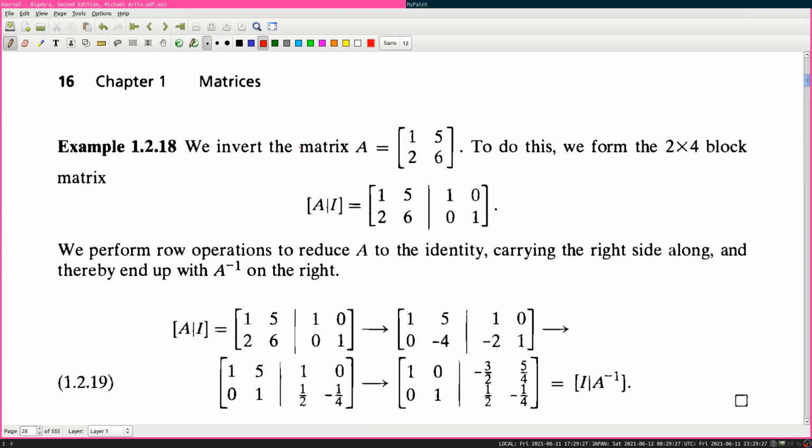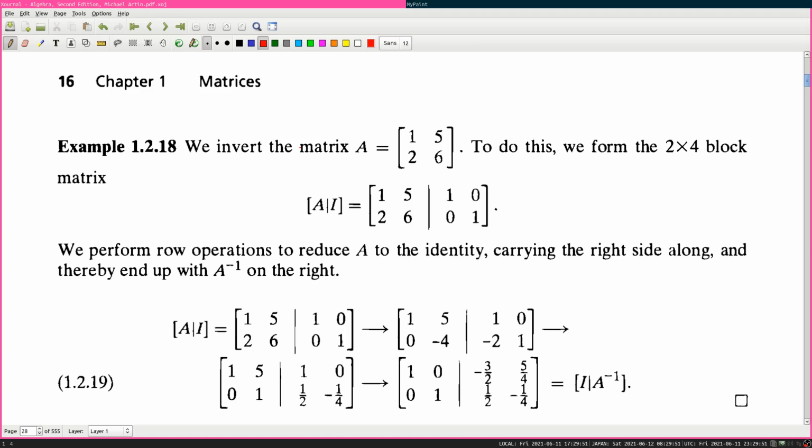Example 1.2.18. We invert the matrix A equals [[1,5],[2,6]]. To do this, we form the 2x4 block matrix. This block matrix thing is so stupid. A bar I equals [[1,5,1,0],[2,6,0,1]].